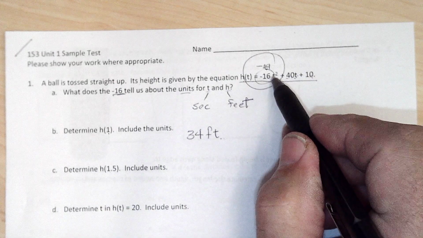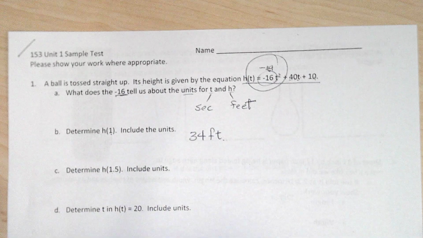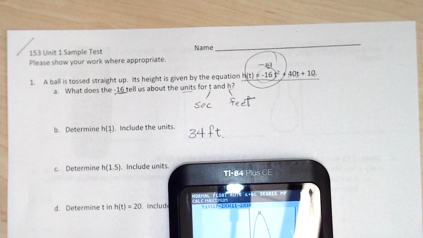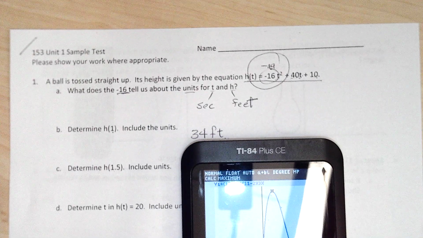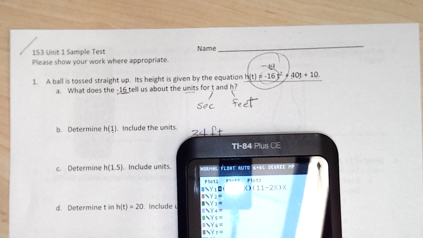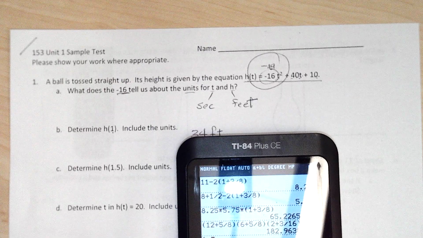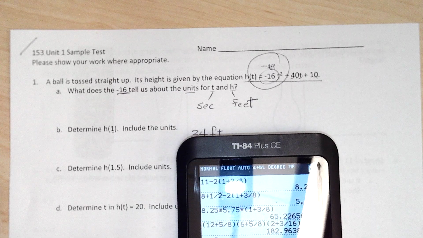At 1.5, we put 1.5 in there. Let's do that on the calculator, because 1.5 squared is 2.25. 1.5 squared times negative 16 plus 40 times 1.5 plus 10.